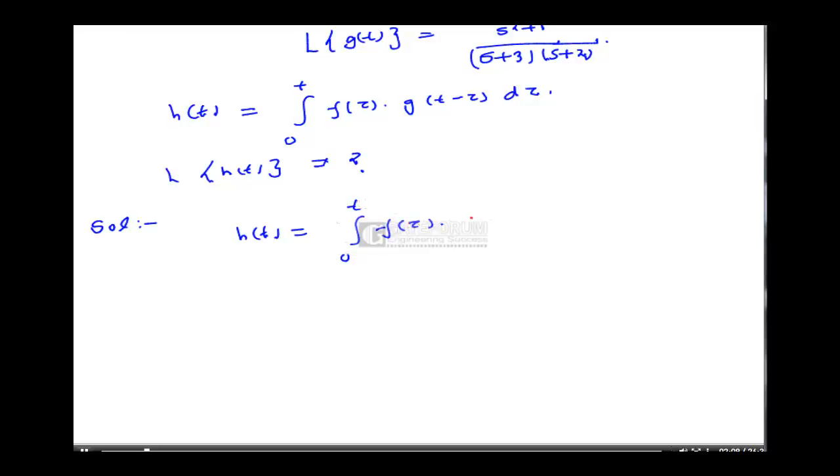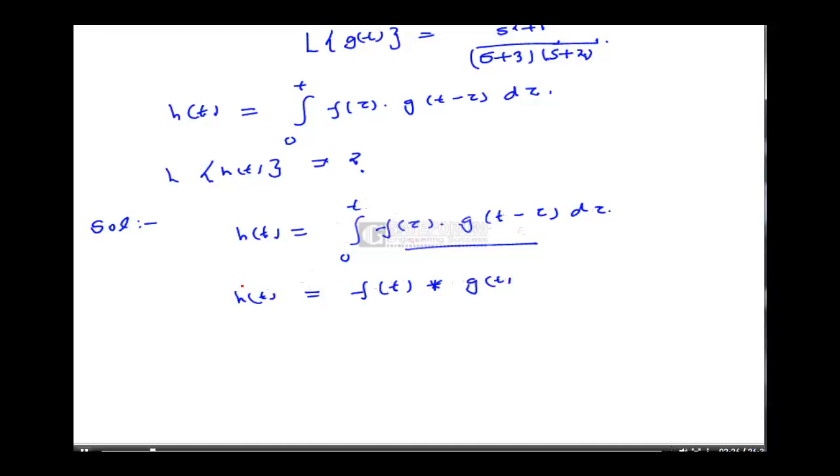See, h(t) is given like this: integral of f(tau) g(t minus tau) d tau. This expression is the convolution expression, convolution of f(t) and g(t). So I can write this as f(t) convolved with g(t).